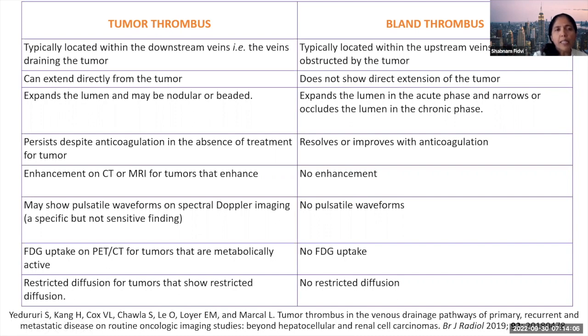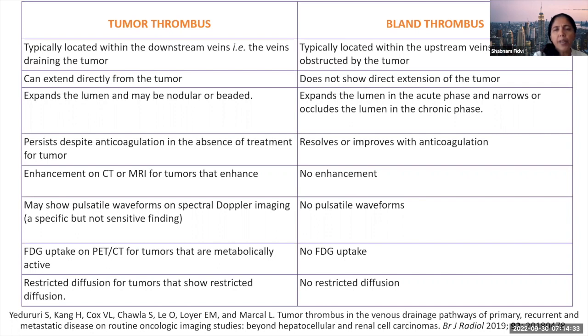Tumor thrombus is typically located within the downstream veins, that is, the veins that are draining the tumor, whereas bland thrombus is typically located within upstream veins, that is, veins which are obstructed by the tumor. Tumor thrombus typically can show direct extension from the tumor, whereas bland thrombus does not. Tumor thrombus expands the lumen and can be nodular or beaded in configuration.